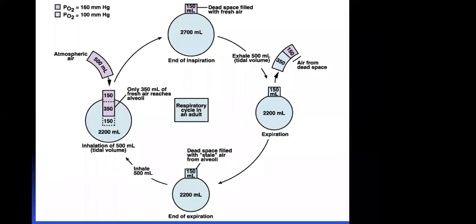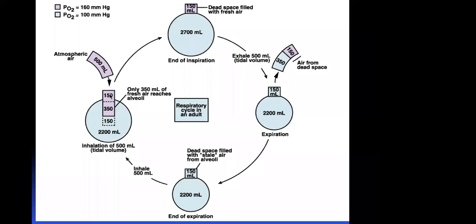When we look at a single breath, now you can understand better what happens. Take one breath, 500 mils. 500 mils enters the lungs. 150 remains in the dead space.